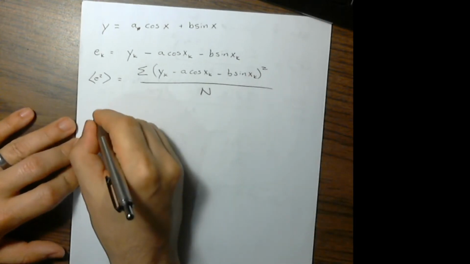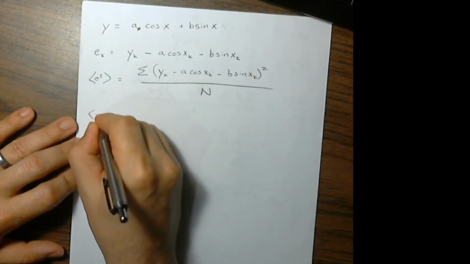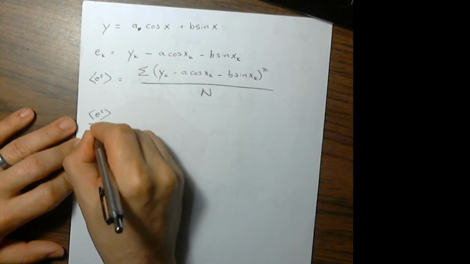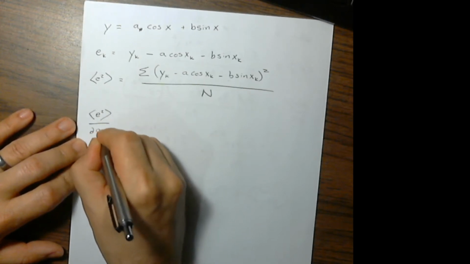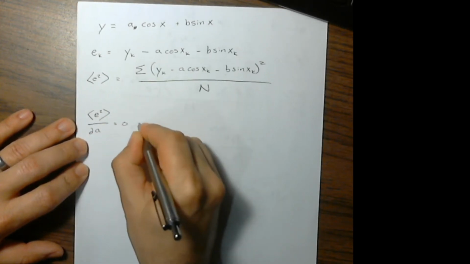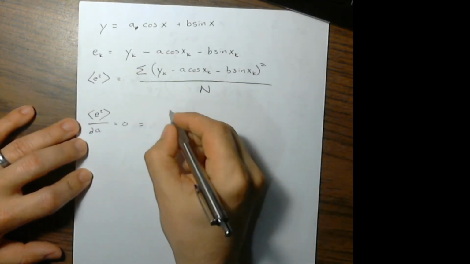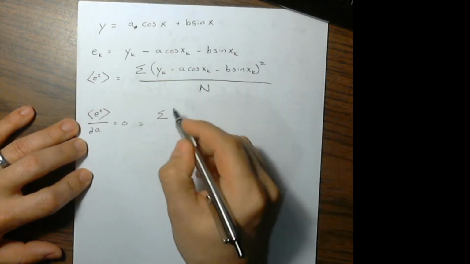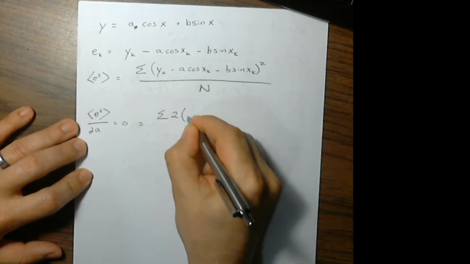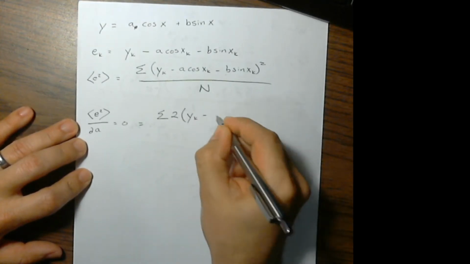All right, so we'll know we're there when this is true, for example. To differentiate this with respect to A, bring the 2 down. Don't touch the guts of the parentheses.